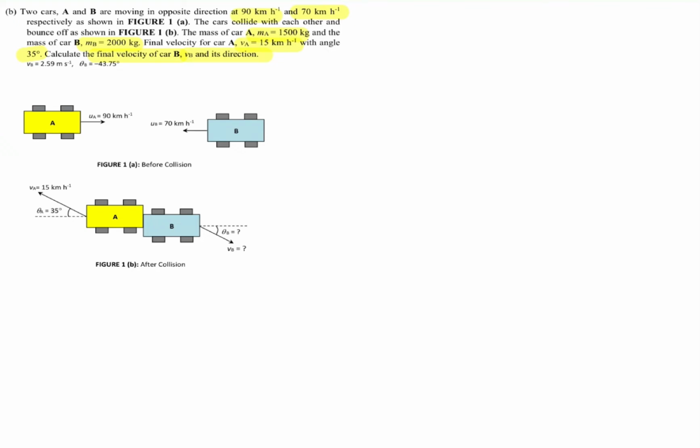So now what you have here is mass A 1500 kilogram, and mass B, which will be 2000 kilogram, and UA in the diagram 90 kilometers per hour. So here you can convert it.